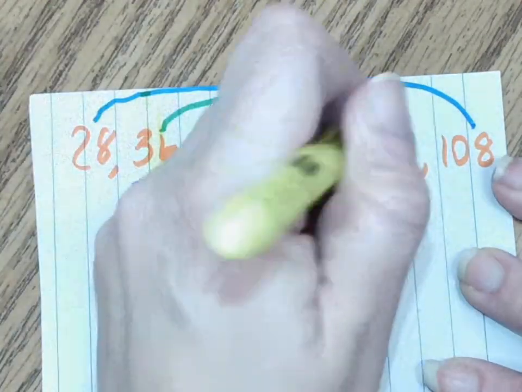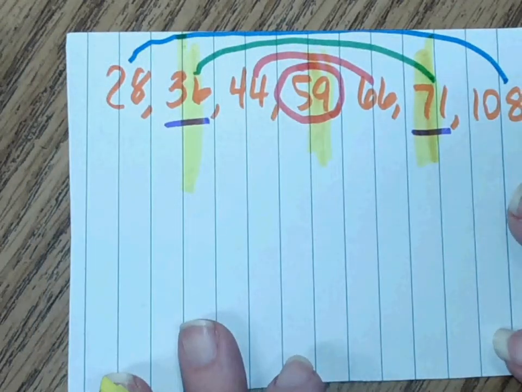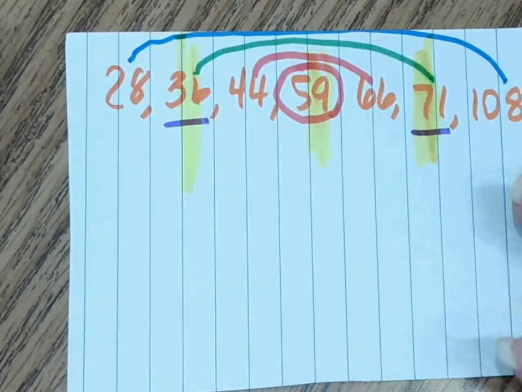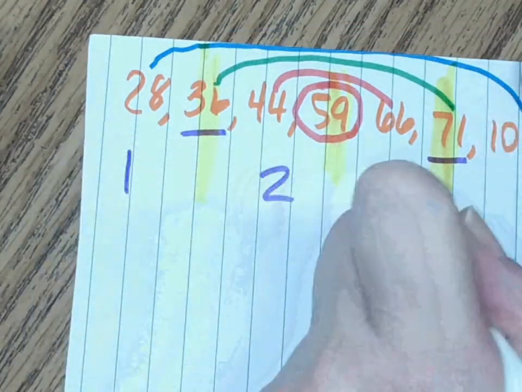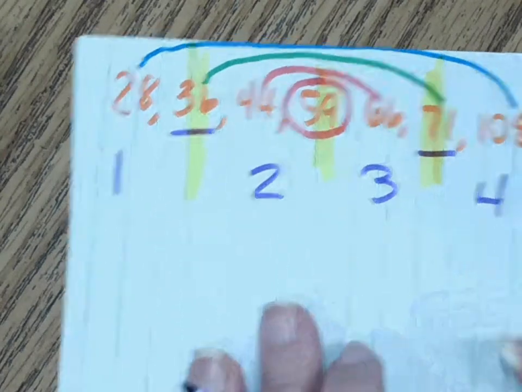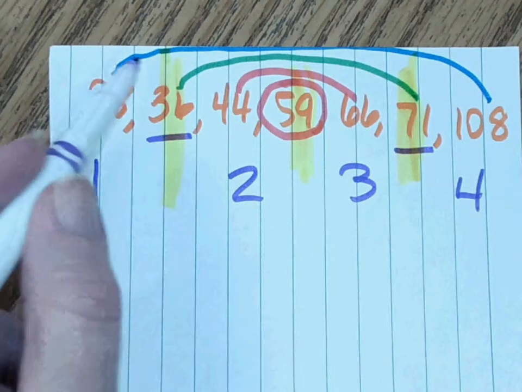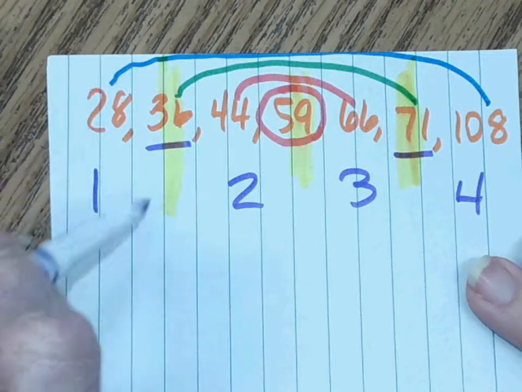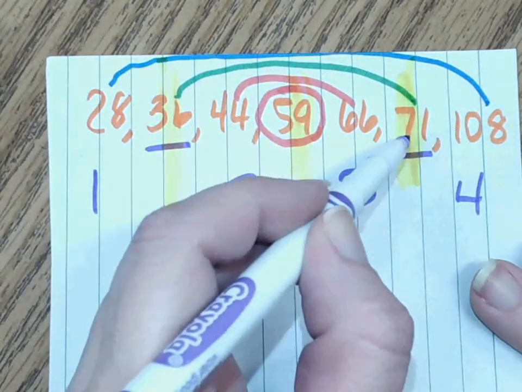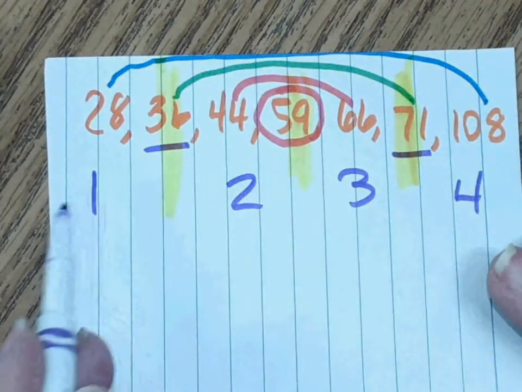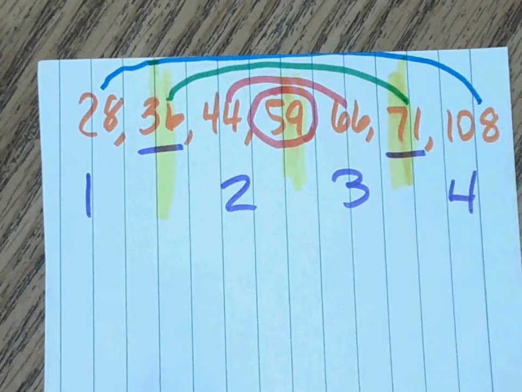If you can see my highlighting, you can see that I have 1 section, 2 sections, 3 sections, 4 sections. So there's where our 4 comes from. We've divided it. Here's one division. There's the middle of the lower and the middle, and the middle of the higher. But it makes it into 4 sections. It's still kind of hard to see with that highlighter.